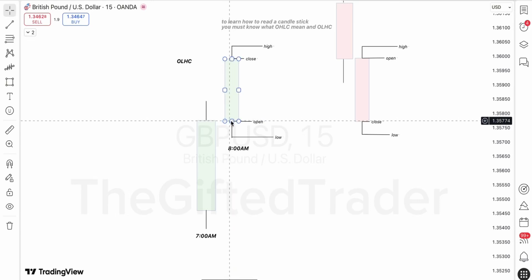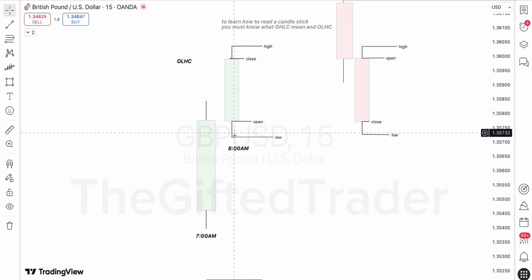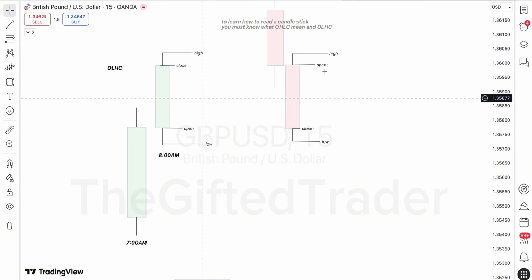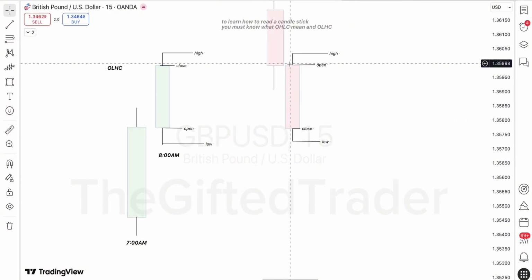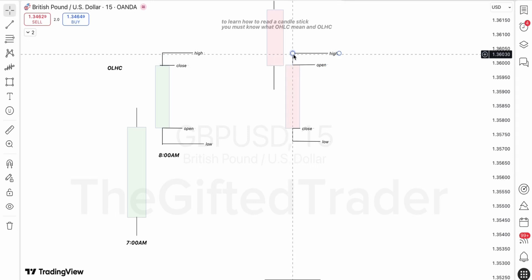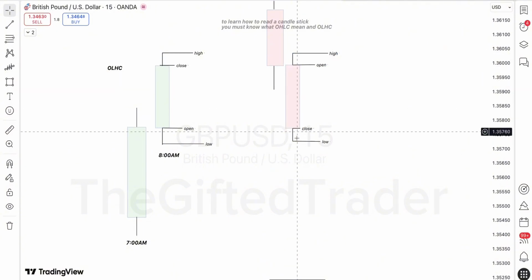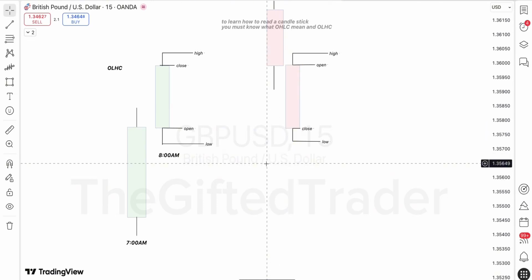When the price opens right here, it went down first, it manipulated, then went back up. When this 1 hour bearish candlestick formed, it bought first, which is a manipulation because it's selling. It bought first, made the high, passed the open, made the low, then closed around here.